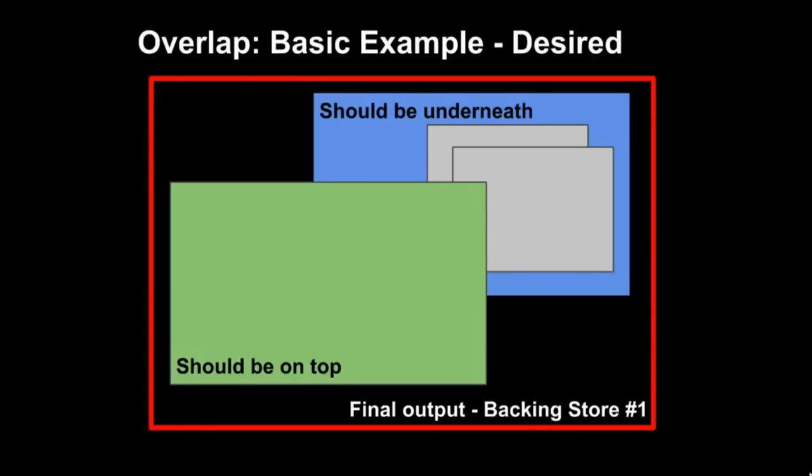So overlap, here's an example of overlap. Imagine we have one backing store in our web page. If that's all we had, and this backing store, I'm just representing that by a red rectangle here, then we would repaint all of these pixels in one backing store and be done with it, no problem.